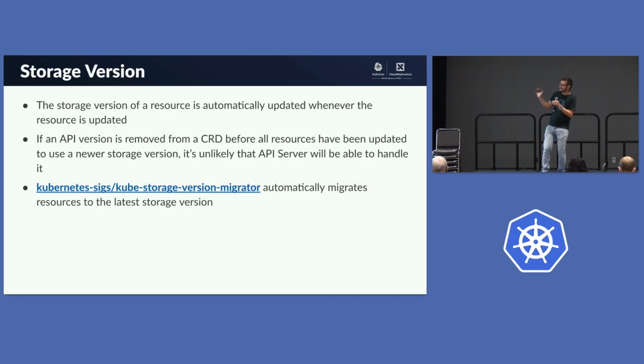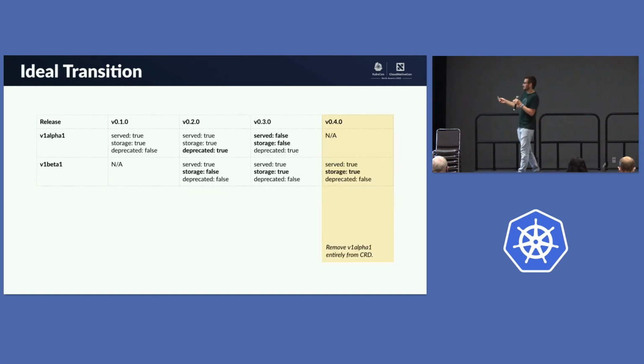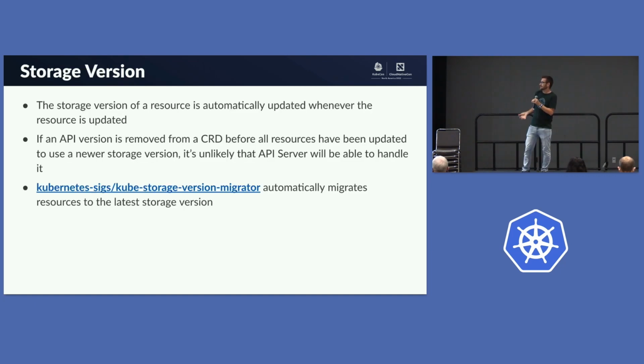Now, storage version is a really key thing. You noticed how we waited until the 3rd release to set storage to true here. That was pretty important in this whole thing. When you set the storage version, that means what is being stored in etcd.